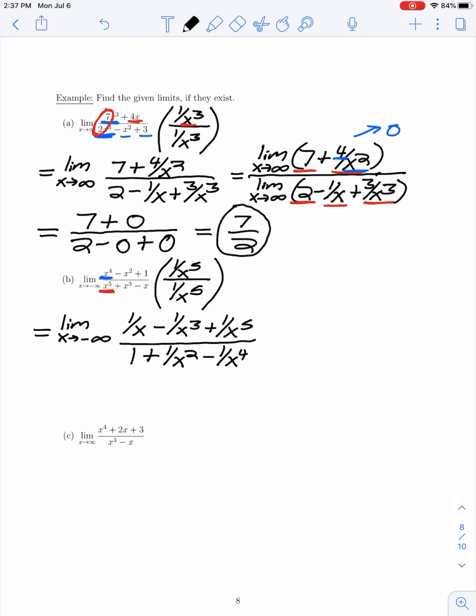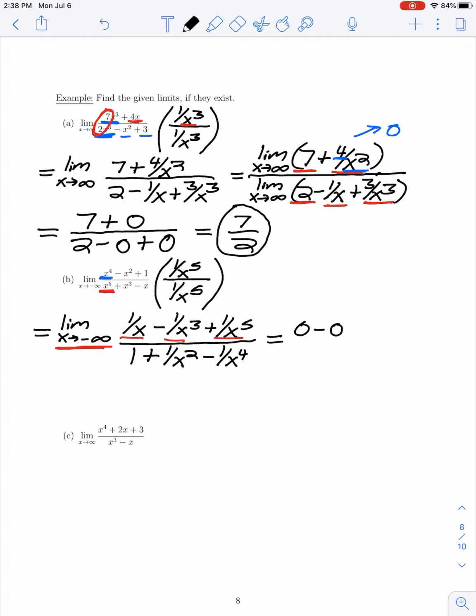So again, making use of the limit properties, I can take the limit of the numerator and denominator separately. Looking at the limit of our numerator, as x becomes larger in the negative direction, 1 over x, 1 over x cubed, and 1 over x to the fifth are all approaching 0, because we have a fixed number and we're dividing by larger values of x.